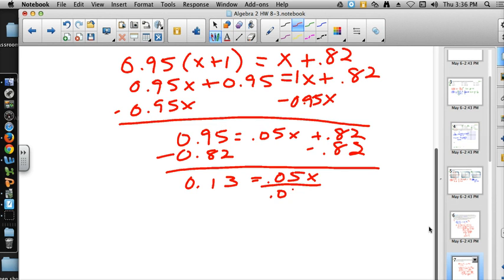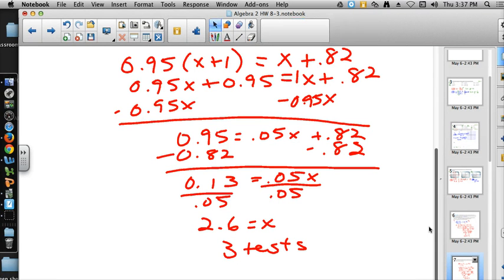And then divide both sides by 0.05. And that should give us our answer, which would be 2.6. But you can't take 2.6 tests, so she would have to take 3 tests in order to make the average that she wanted to make, which was 95%. And again, you could do the y sub 1, y sub 2 on the calculator, you're still going to get the 2.6.